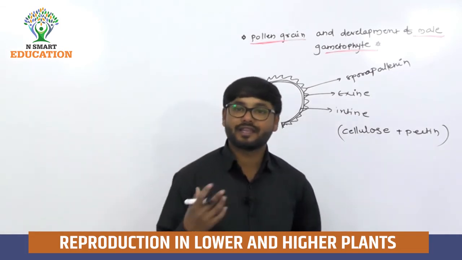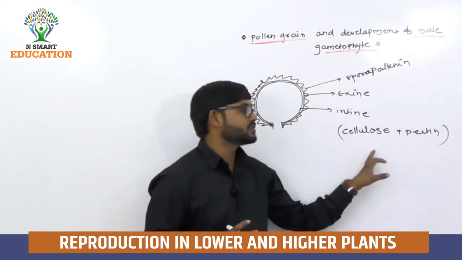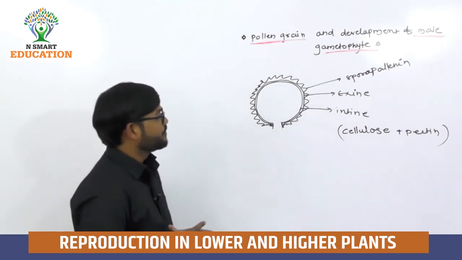Overall the pollen grain is made up of sporopollenin as well as cellulose and pectin. So this is very important.